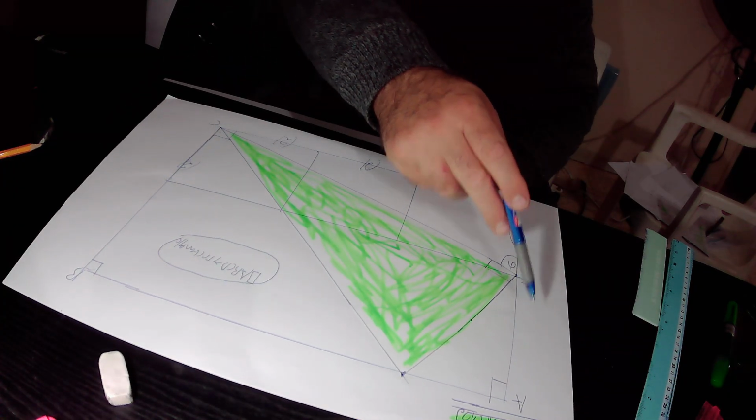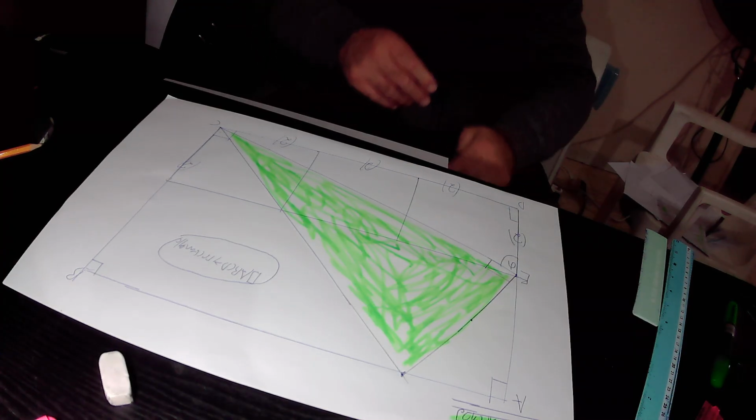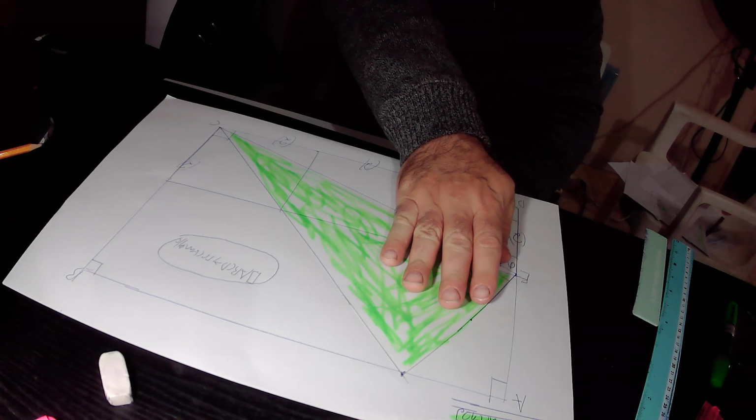So AD is one side of rectangle ABCD, therefore it is absolutely a straight line.